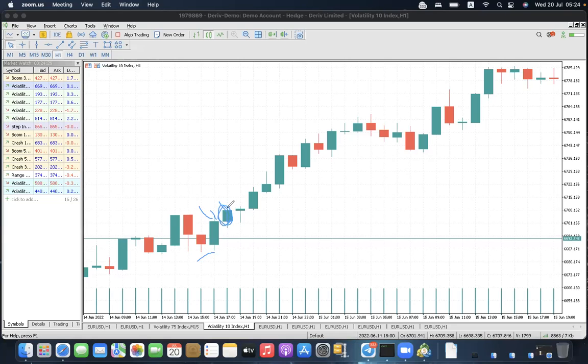The zone of this tail must be the same point or must be covered with the zone of the tail from the third candle. The moment you see that not happening, that means you have an imbalance.